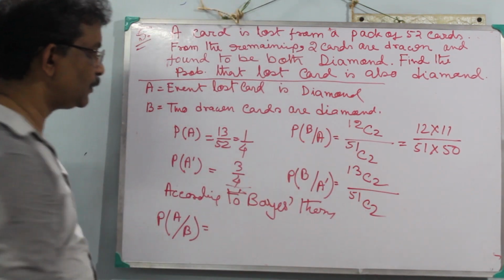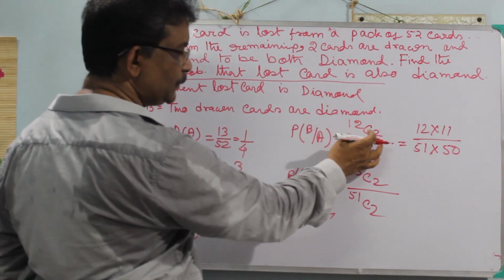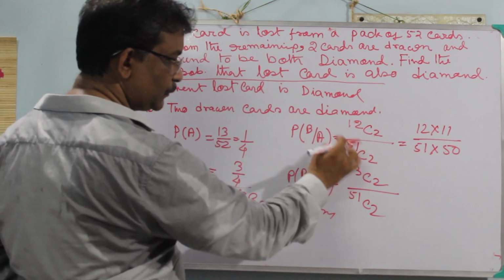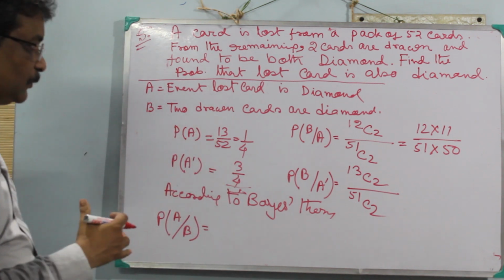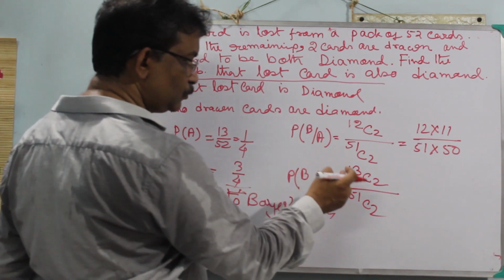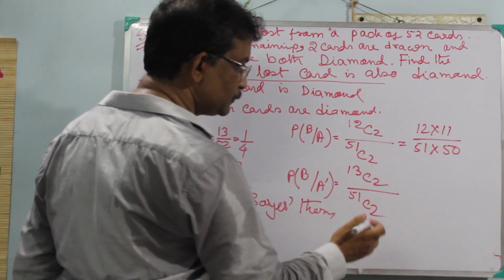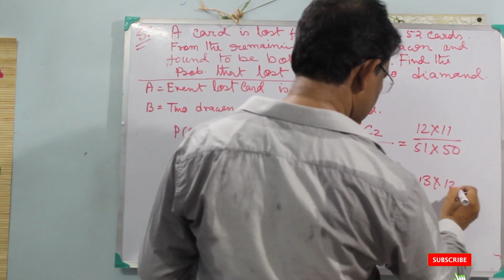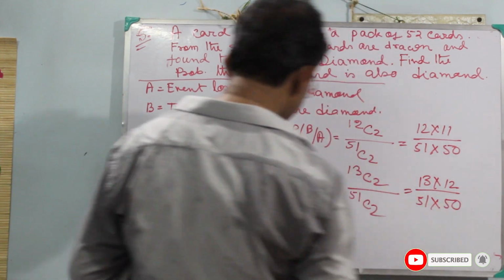So this is the lost card. We assume first the lost card is diamond, so 2 cards can be drawn out of 12 diamond cards in 12 C2 ways, and total number of ways 51 C2. And if the card is not diamond, then 2 diamond cards would be selected out of 13 C2 by 51 C2. This equals 13 into 12 by 51 into 50.